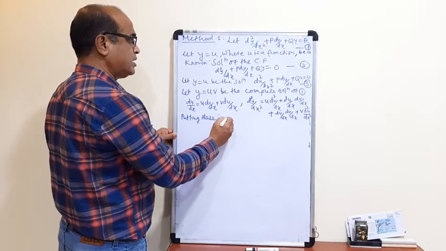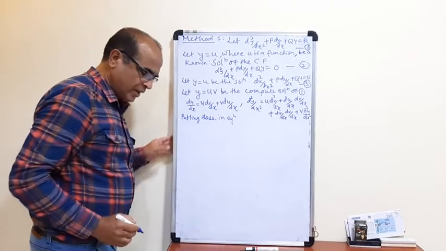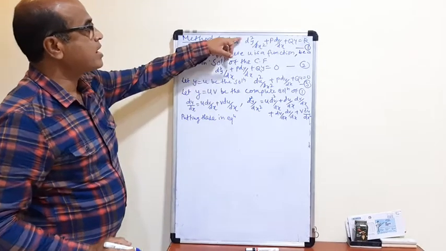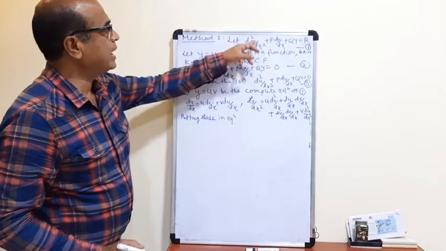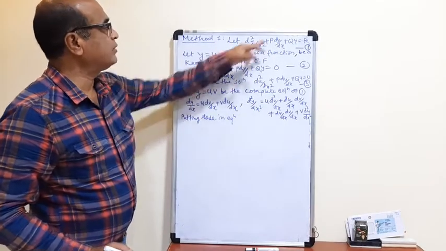Okay, so putting these values in equation 1. Put d2y by dx square here, this value, and dy by dx this value here.